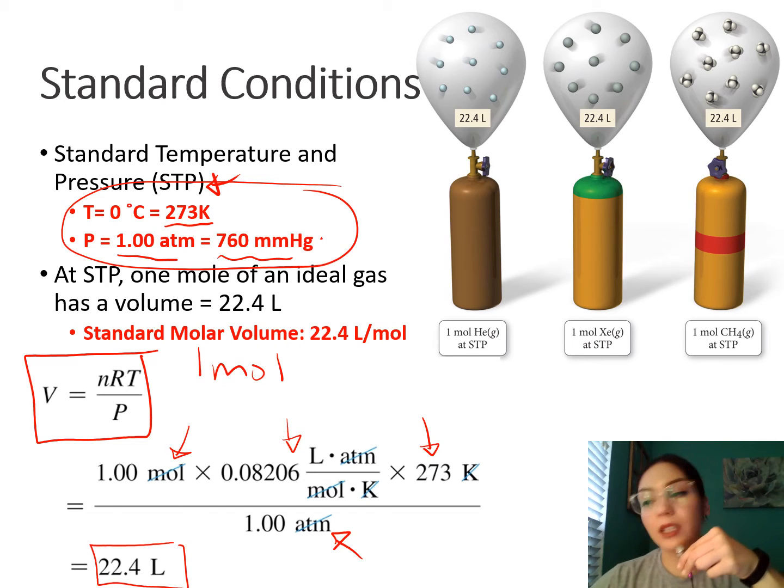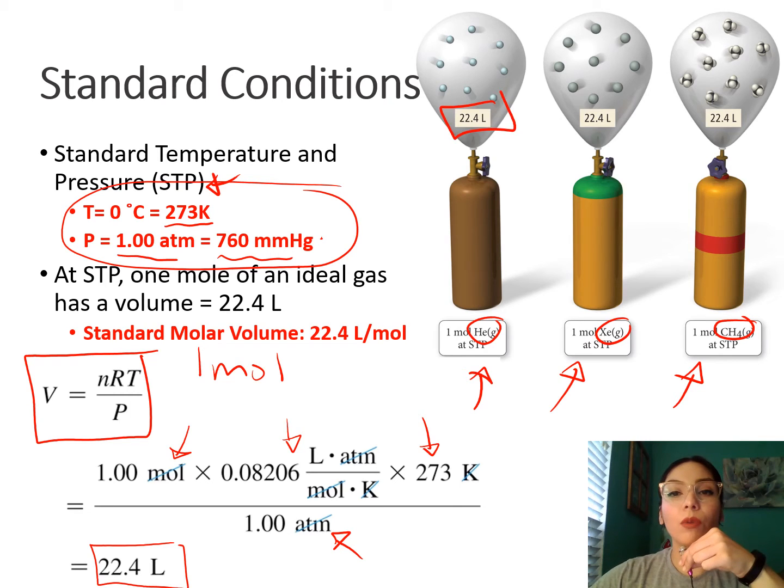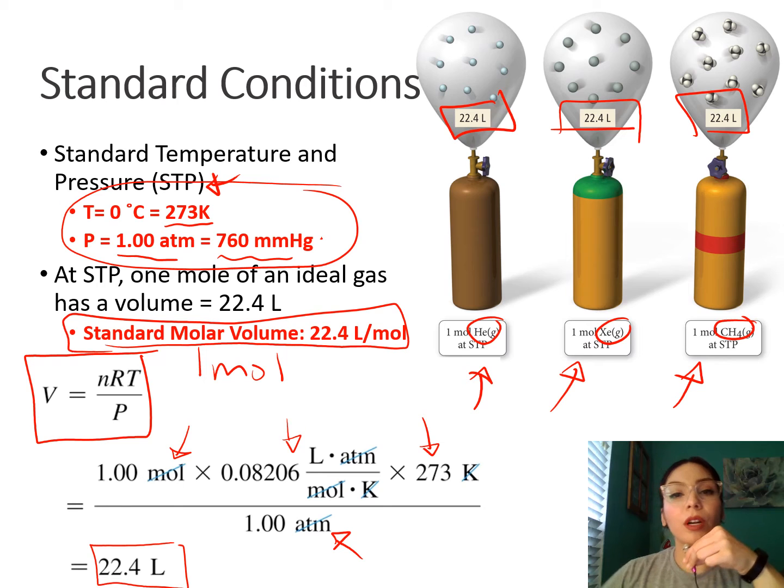What is interesting is that when you do this for any gas, regardless of what it is, because it's 1 mole, ideal gases actually have the same volume. Whether it's helium, xenon, or methane, these are all different types of gases. If it is 1 mole at STP conditions, it will be 22.4 liters. So we call this the standard molar volume, 22.4 liters per mole.